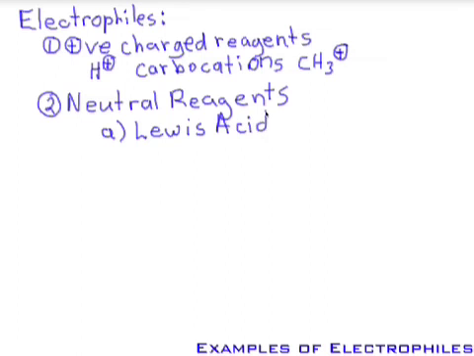Lewis acids are electron pair acceptors. They are able to accept electrons. Why? Because they have empty orbitals.